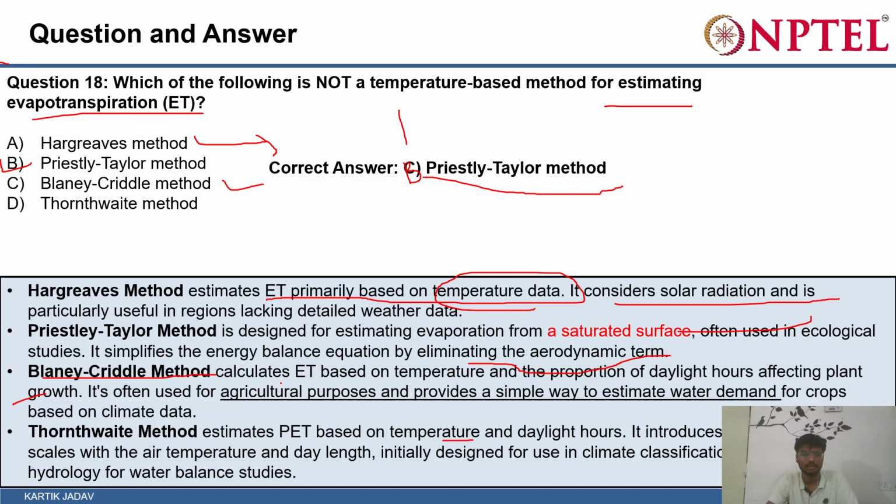Then Blaney-Criddle calculates again based on temperature and portion of daylight hours affecting plant growth. It means that it is related to bright sunshine hours, and it's often used for agricultural purposes and provides a simple way to estimate water demand of crops. And finally Thornthwaite estimates potential evapotranspiration. Potential evapotranspiration means the maximum evapotranspiration that occurs from any surface in case of no water limiting condition, and it is calculated based on temperature and daylight hours.